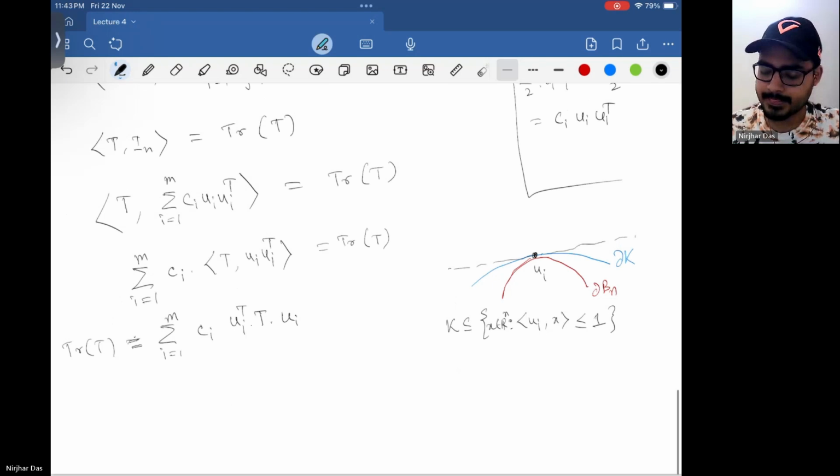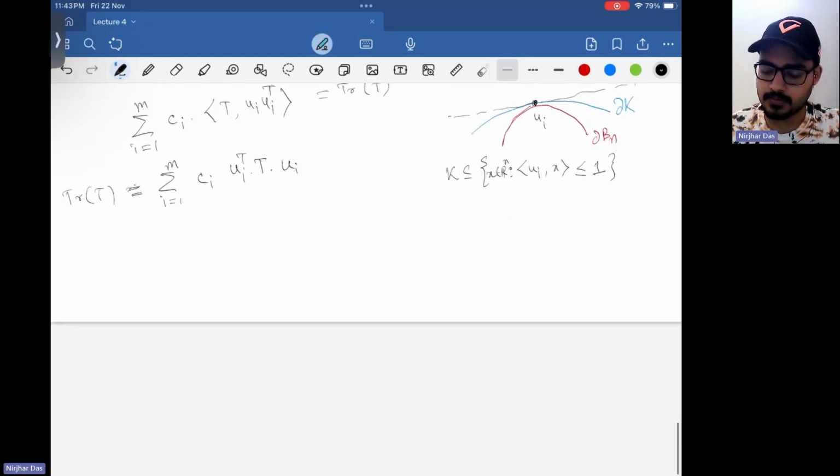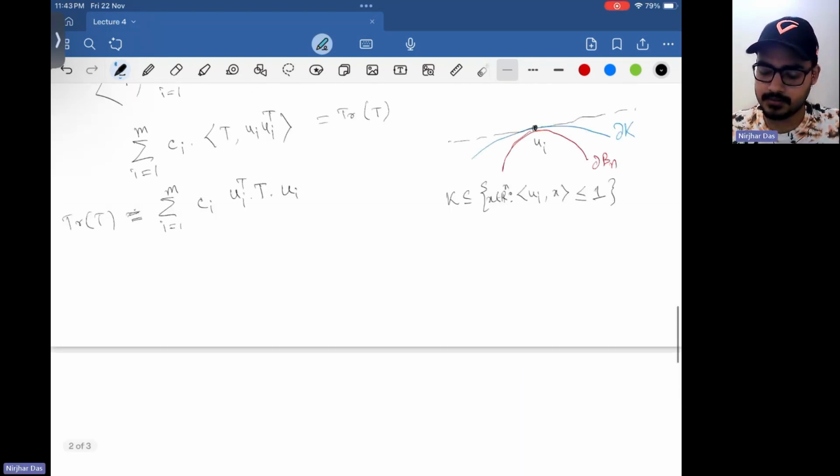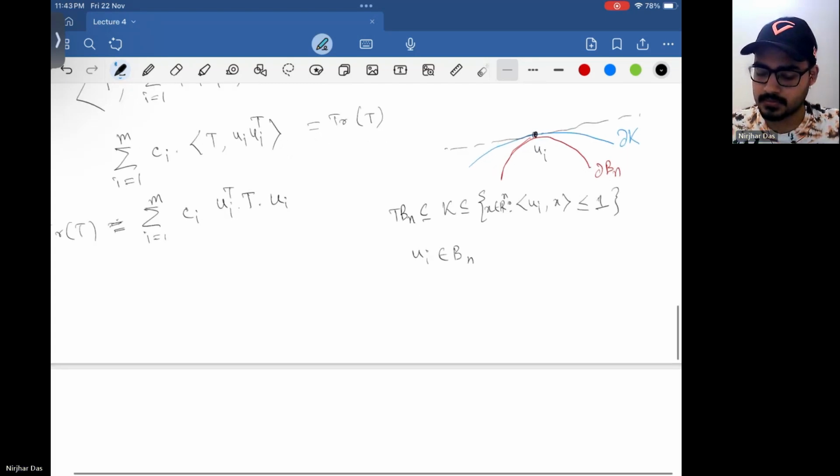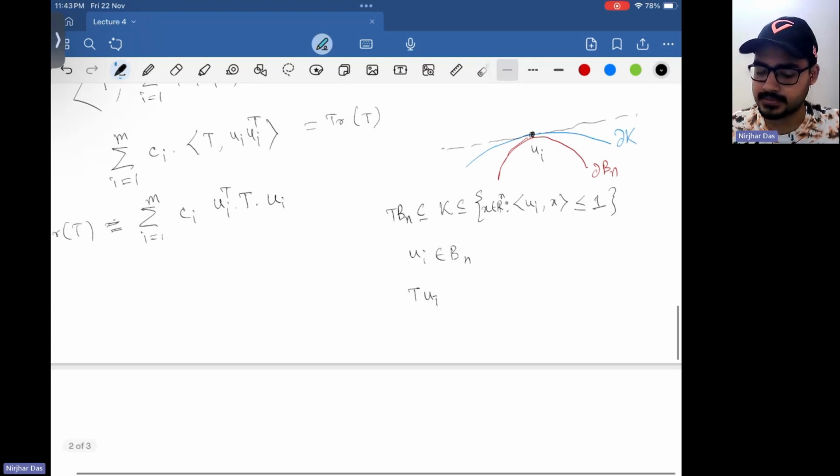So particularly, if we want that T Bn is a subset of this, note that ui also belongs to Bn, because ui lies on the boundary of Bn. So T of ui has to satisfy this.